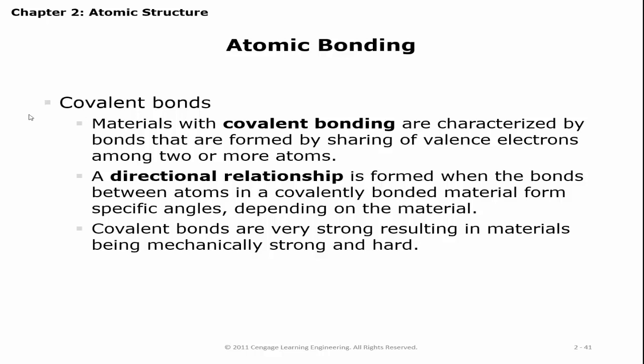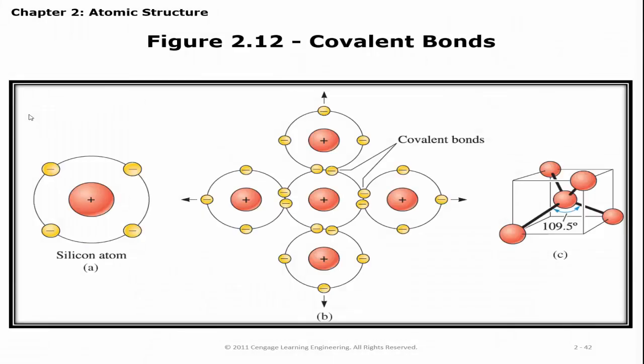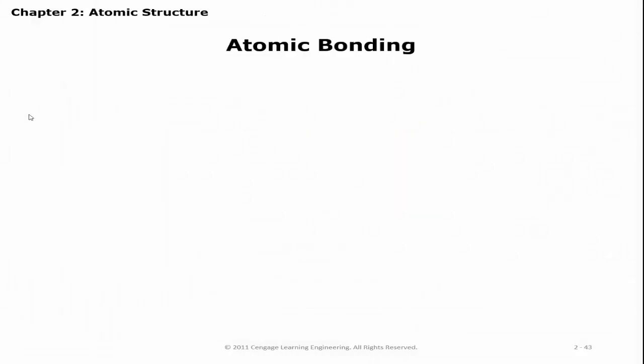Covalent bonds are very strong, resulting in materials being mechanically strong and hard. For the covalent bond, we have the silicon atom and the covalent bonds.